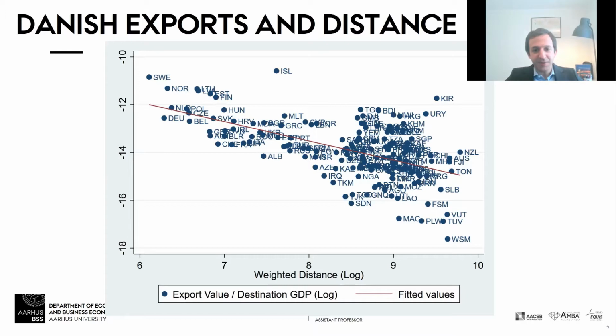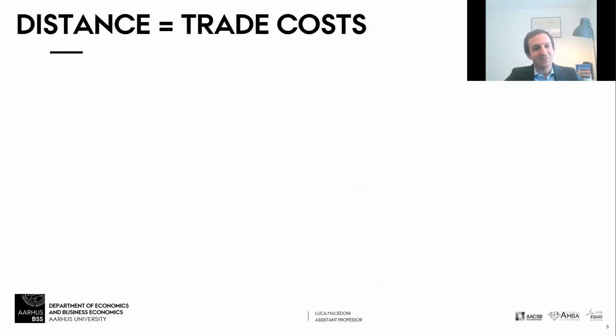I think it is obvious that the gravity equation in the simple form works, and that, if we want to be more sophisticated, we should think of distance more generally as trade costs. What are the trade costs? Well, there are several different types of costs associated with exporting a good abroad. There are policy barriers, right? Those are the barriers that are affected by policymakers.